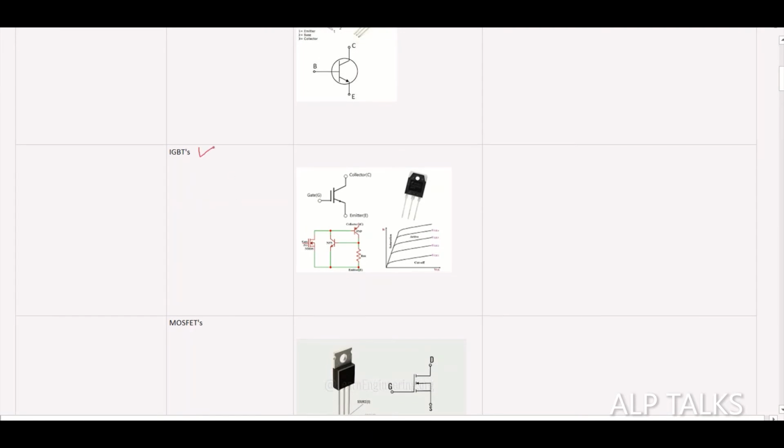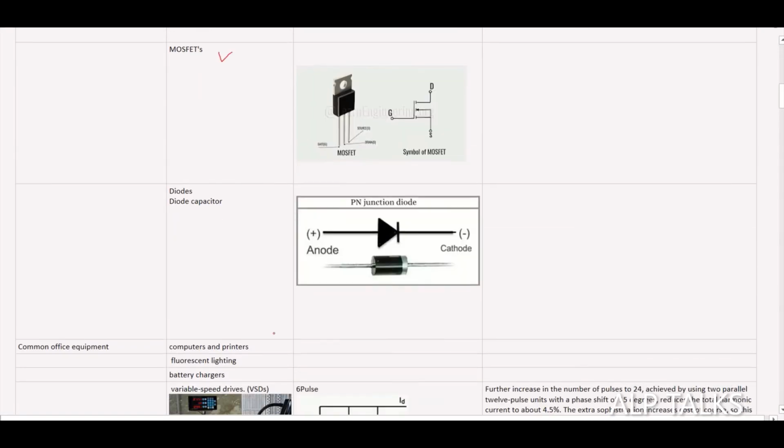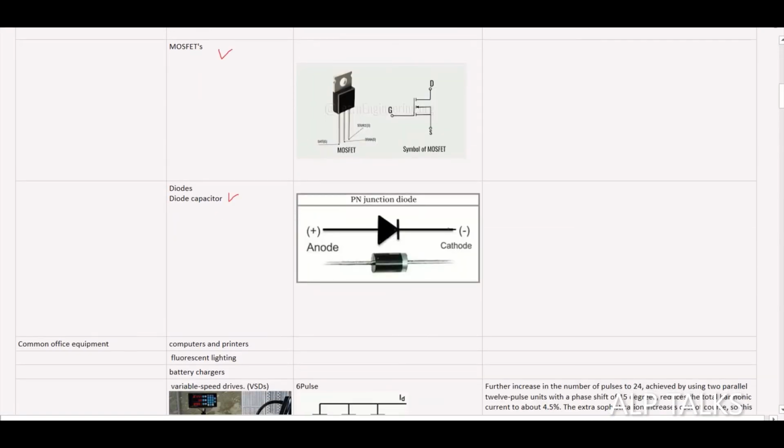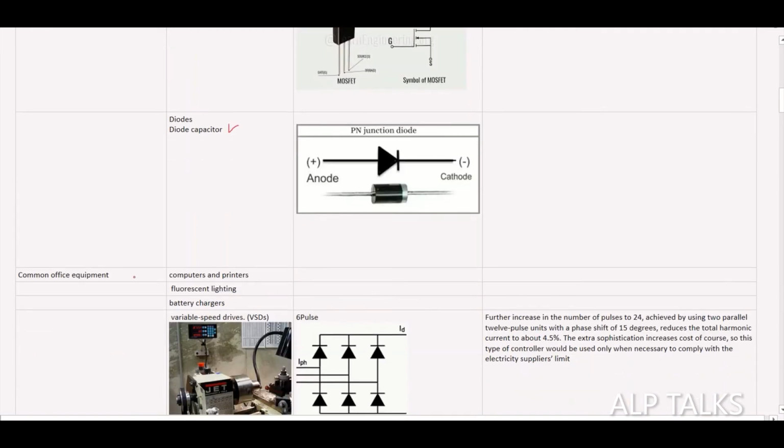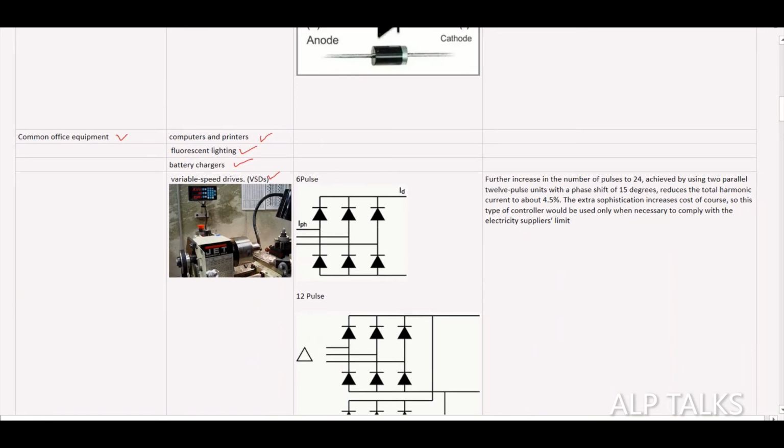You can observe the characteristics also. IGBTs, MOSFETs, diodes, all the characteristics are completely non-linear. There is also common office equipment, computers and printers, fluorescent lighting, battery chargers, variable speed drives, etc. They all contribute to harmonics.